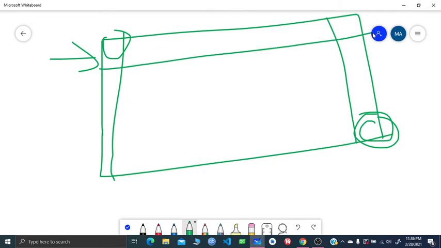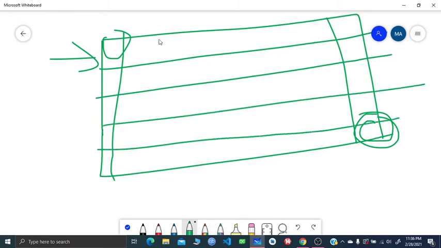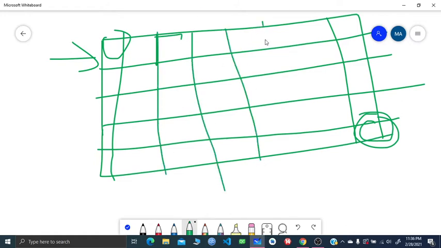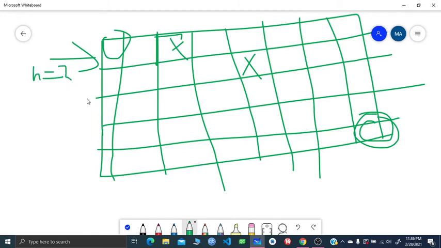How? Let me clarify this once again. Let's draw a grid here. Let's say I have a blockage here, and then I have a blockage here. Let's assume for now that n is equal to 2.